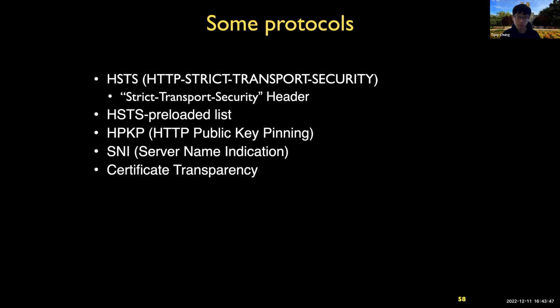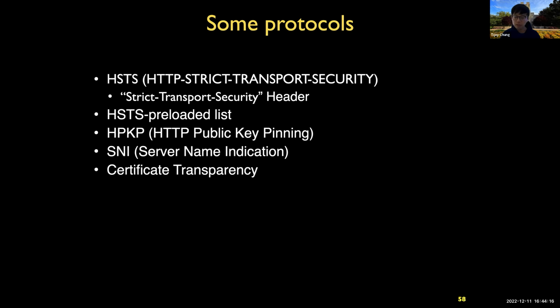The first one is HTTP Strict Transport Security. It is when you go to a web page, for example, using just the HTTP protocol, and the website may start to support only HTTPS, right? In that case, the web server tells the client that, hey, please connect through 443. And also, you don't need to connect to me over HTTP again because I'm only supporting HTTPS.